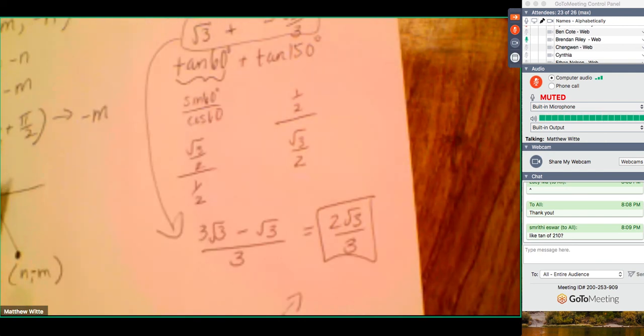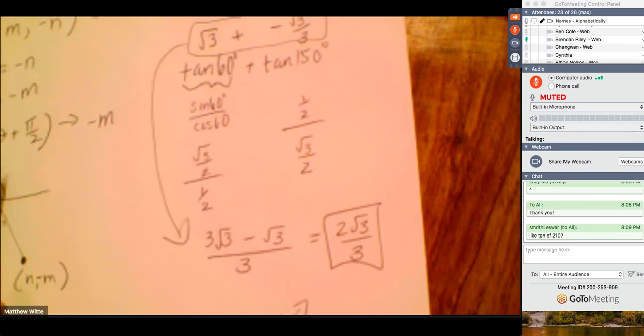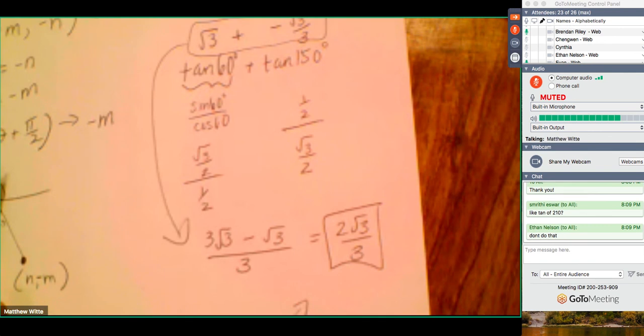Like tan 60 plus tan 210? Tan 60 plus tan 210. I don't think I am totally getting what you're asking.